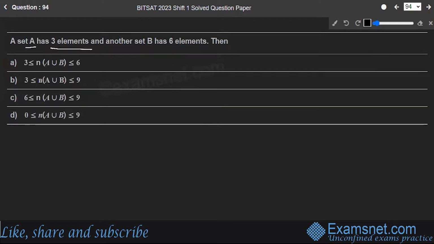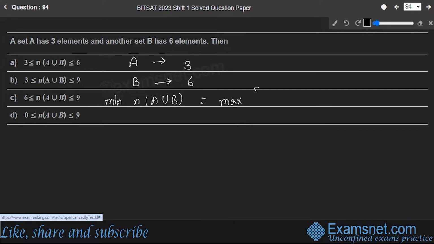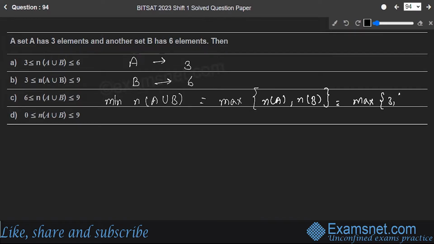A set A has 3 elements, another set B has 6 elements. Then which of the following is true? See, you have that A has 3 and B has 6 elements. So now the minimum number of elements in A union B will be equal to the max of the number of elements in A and B, that is max of 3 and 6.